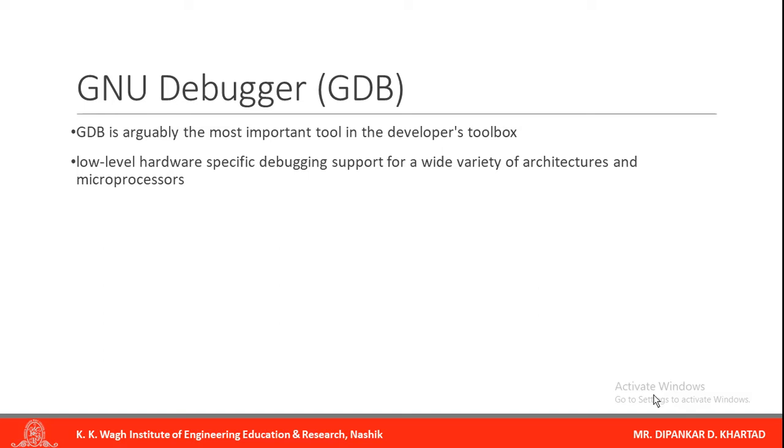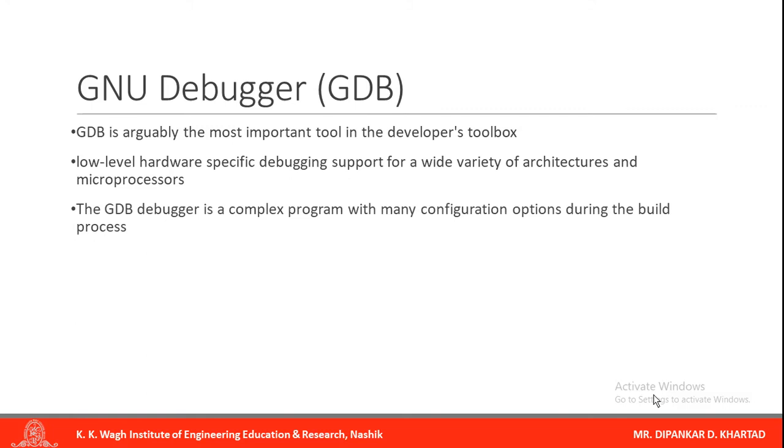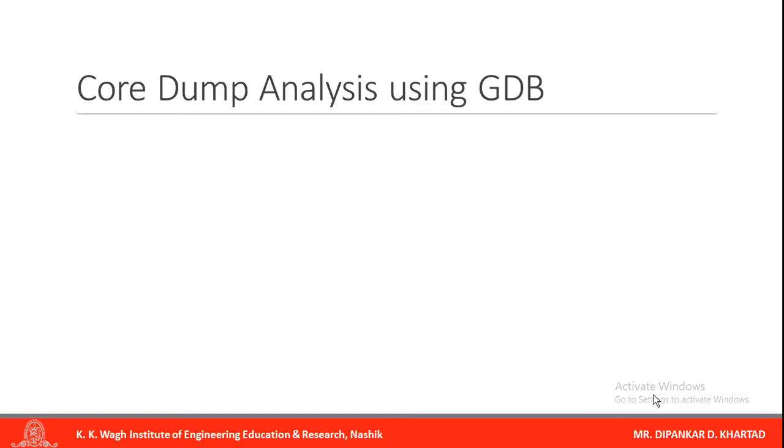So GNU Debugger supports the maximum number of architectures and various microprocessors. So this is the best tool. The GNU Debugger is a complex program with many configuration options during the build process. It is a little bit complex.